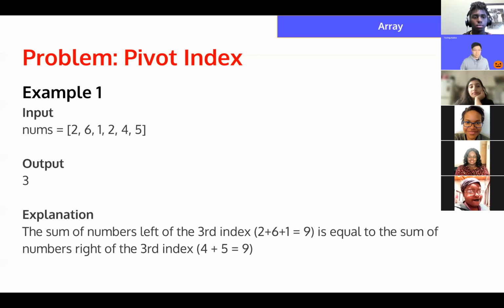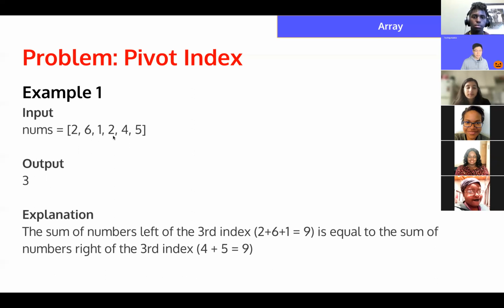And then there are some examples. In the first example, we have a nums array with the numbers 2, 6, 1, 2, 4, 5. For this question, we want to return the index 3, because if you go to the index 3, which is 0, 1, 2, 3, and add the numbers to the left, 2 plus 6 plus 1, the sum of the numbers left of this index is equal to 9.